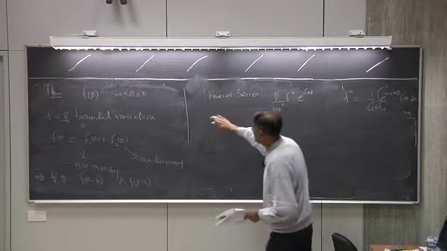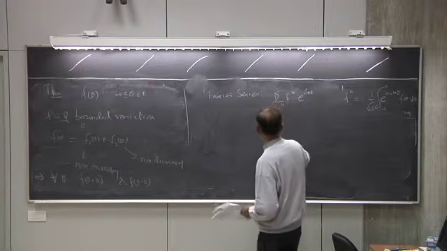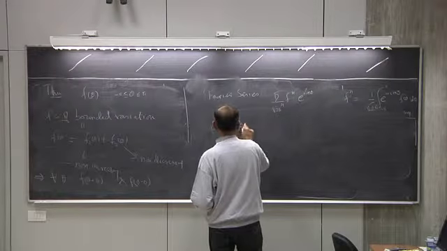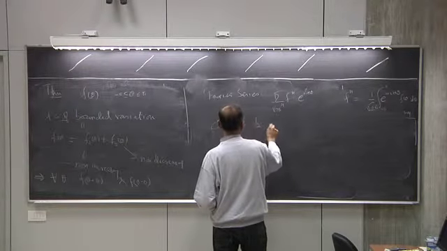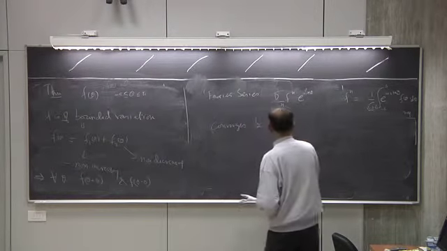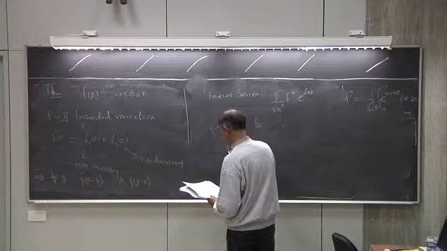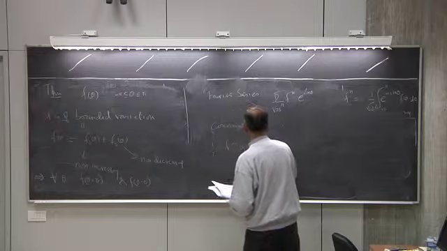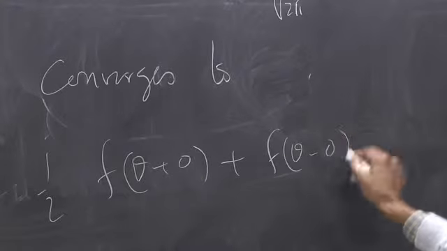Then the statement is that this Fourier series, in fact, converges to 1/2 of f of theta plus 0 plus f of theta minus 0.